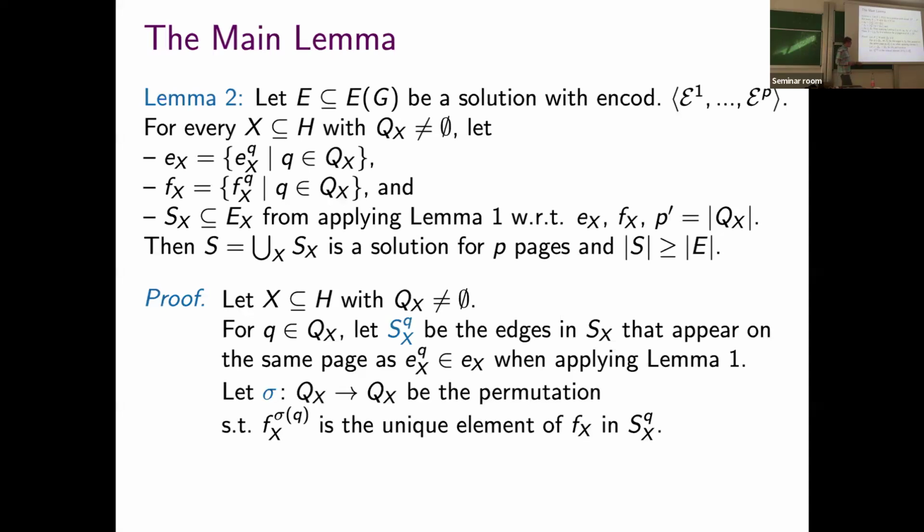And now we're not sure whether the pairing is the one that we had in mind. We lost the connection between the E edges and the F edges. So we just look for the corresponding F edge, the unique element of the set that corresponds to this E edge, but it has a different number.